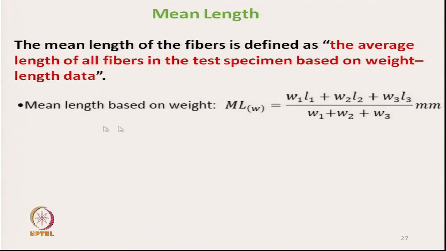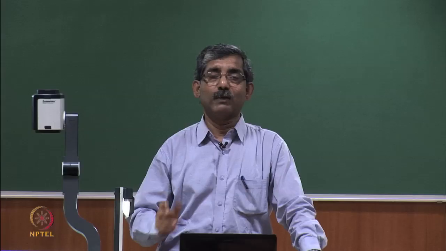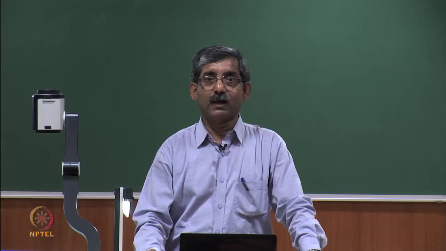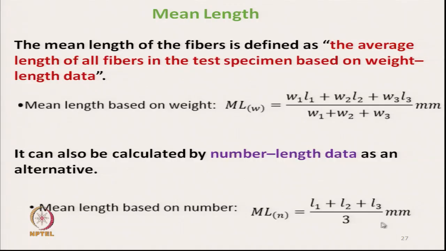This is the mean length based on weight. We can also have mean length based on number. This is the number length data: L1, L2, L3 divided by 3. So, based on number.